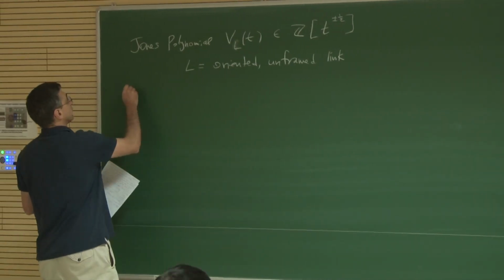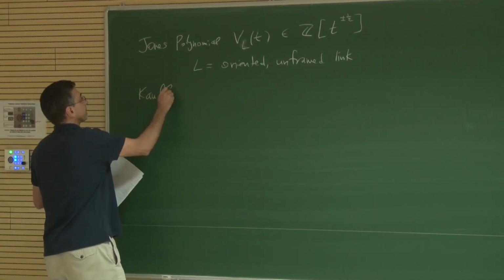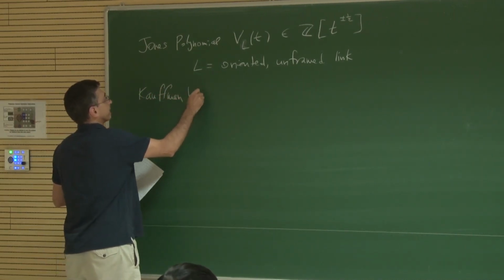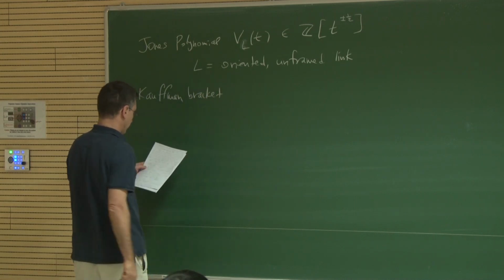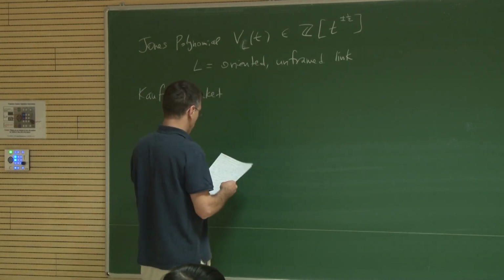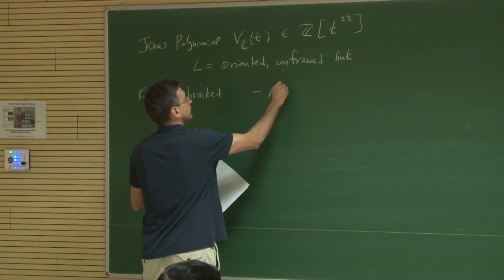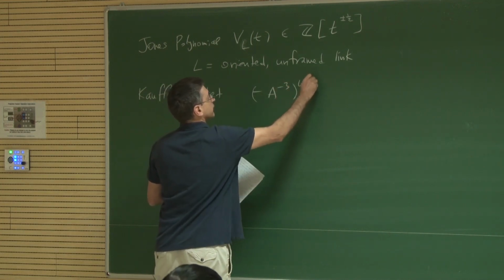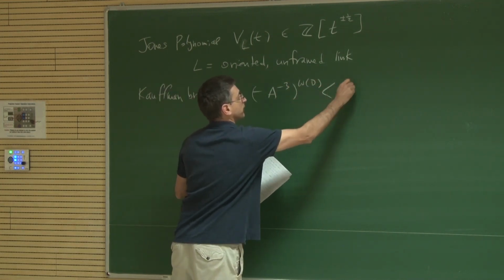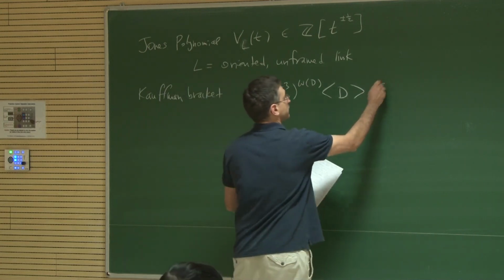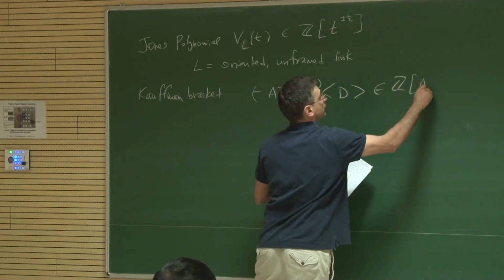Then we talked about the Kauffman bracket polynomial. This is normalized minus A to the minus 3, bracket D. This sits in Laurent polynomials in A. And here D is unoriented.